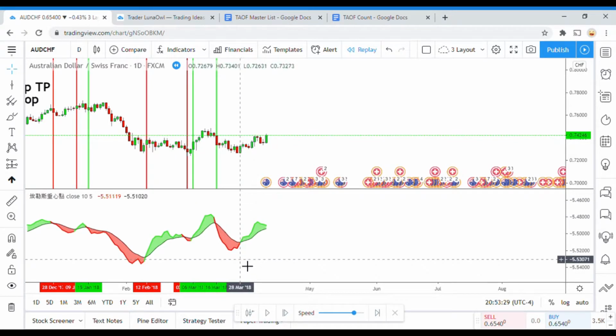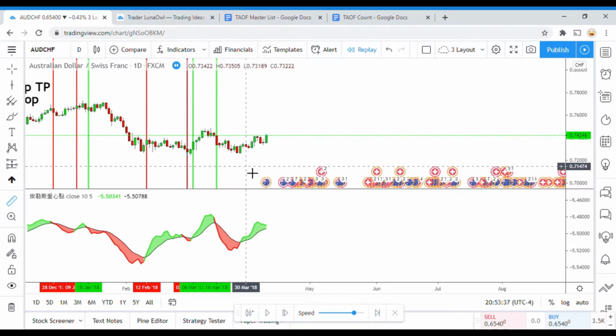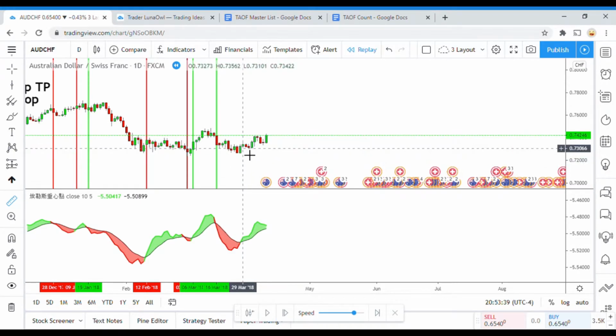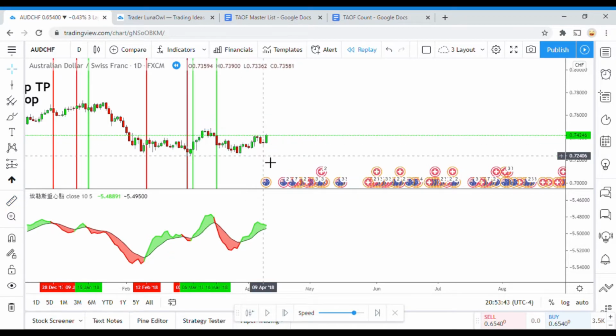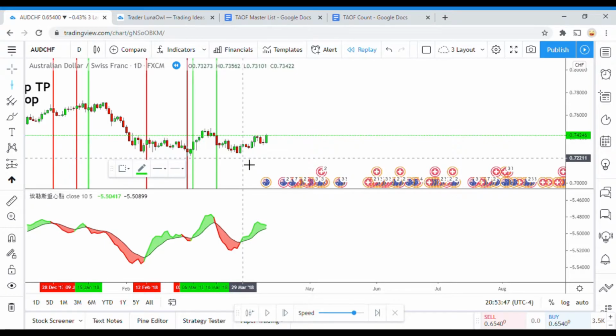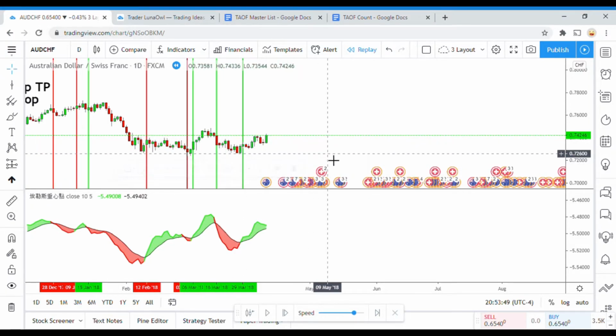Now, for the sake of not being biased, we test every single indicator regardless of whether it is a trend indicator or a reversal indicator, and we will put them on the winning list if they are able to achieve the win-loss ratio that we are looking for.